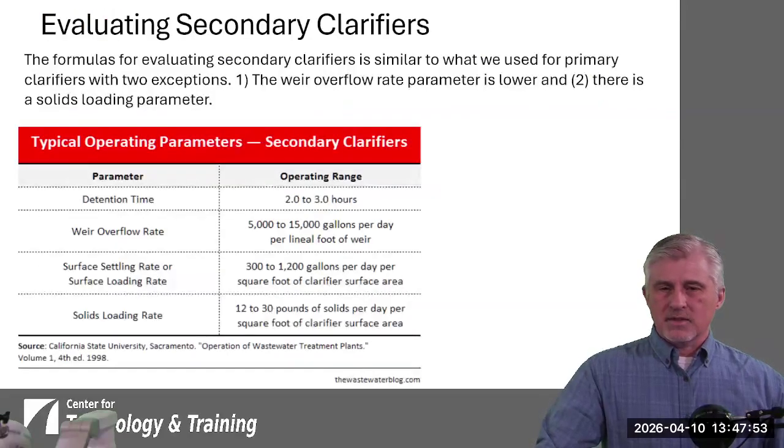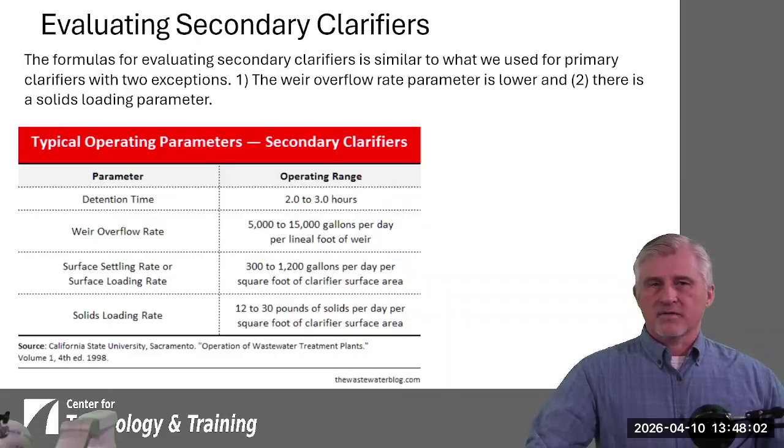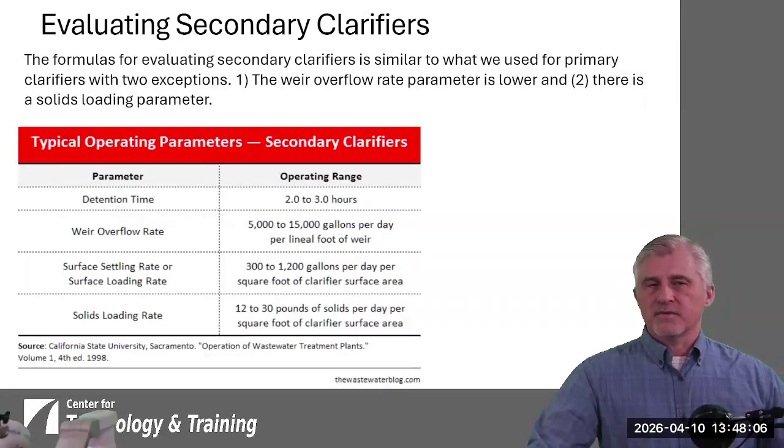So as there were things that we talked about in evaluating primary clarifiers, there's also some things that we want to look at when it comes to secondary clarifiers. They're similar, but there's a couple of different things. The weir overflow rate parameter is lower in the case of secondary clarifiers, and we also have a solids loading parameter.